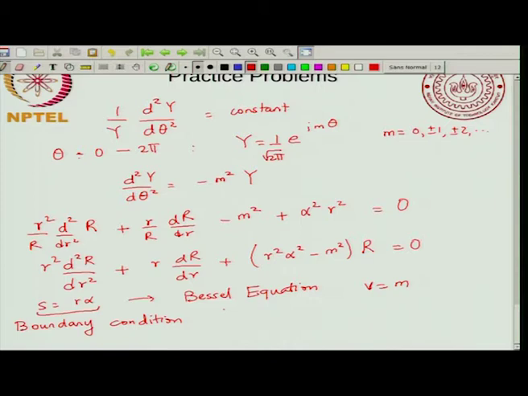will basically be related to J m of alpha a equal to 0. So basically alpha will be related to the roots of the Bessel function. That means alpha a should be a zero of the Bessel function.